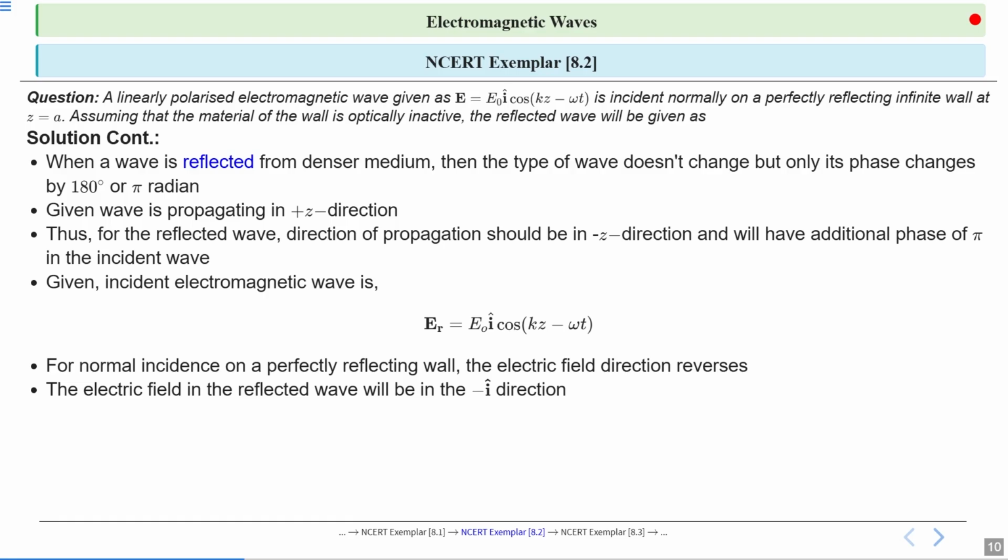Just after reflection, the electric field is changed by a pi phase difference, so the vibration of the electric field vector is in the negative x direction. The direction will now be minus i cap. Okay, now put all these values.